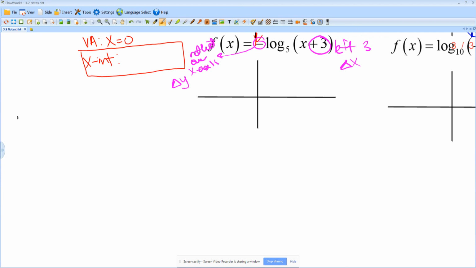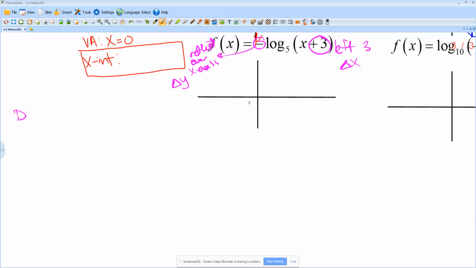So a couple things I'll answer first. Domain. I flipped over the y-axis. I'm sorry. I flipped over the x-axis. I'm changing my y values. So all I'm doing is taking things that were up here, putting them down here. That's not changing my domain.